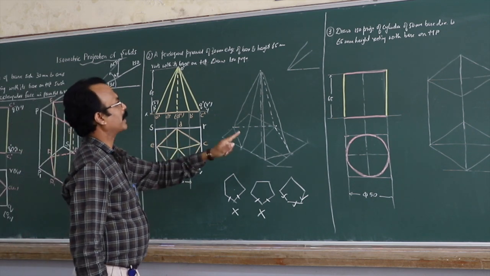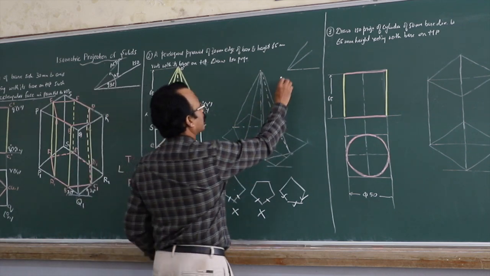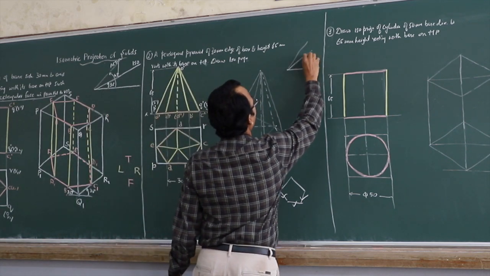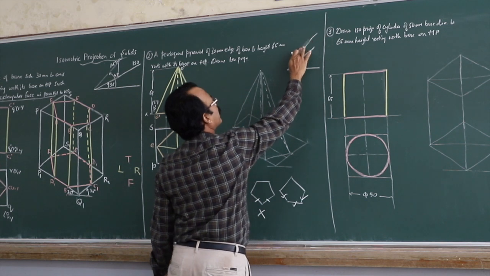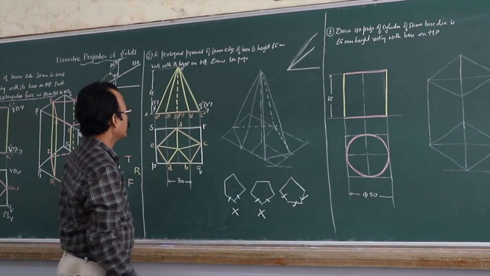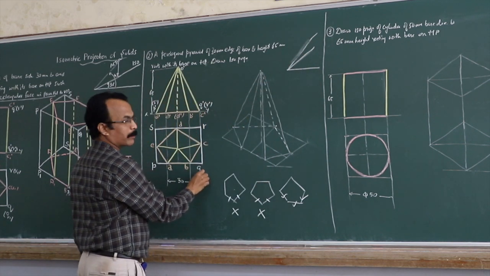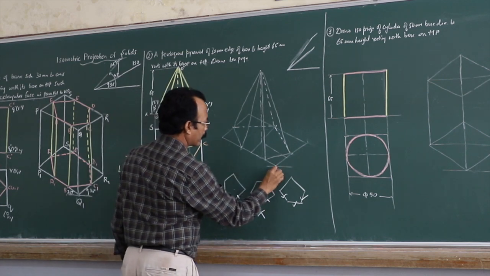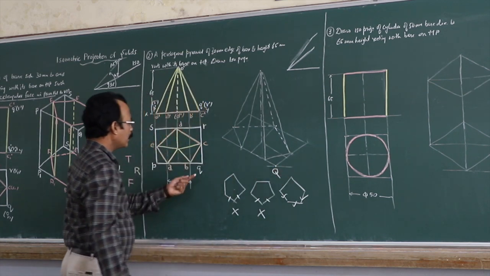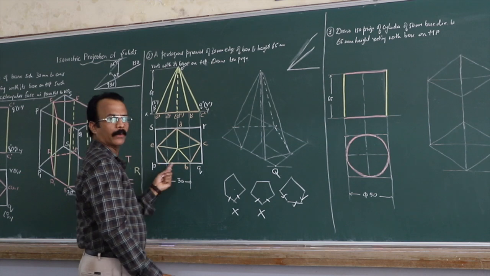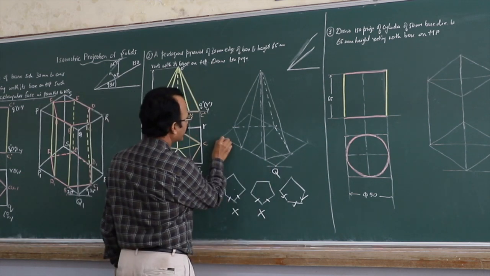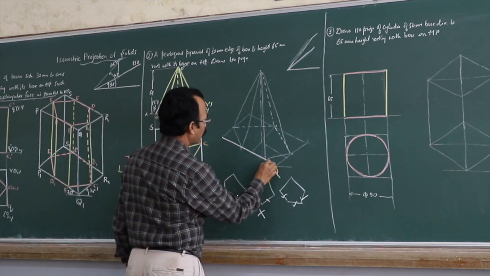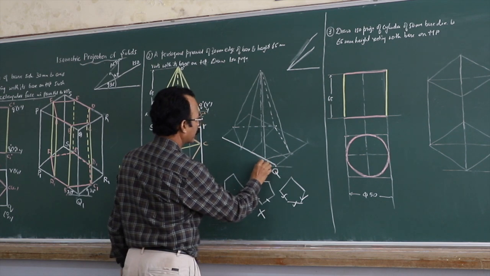This is the knowledge of your solids chapter. Now you come to the isometric projection. Once again, the first step is to draw the isometric scale. I hope I need not repeat it again, right? I will start from this bottom corner Q here. Now observe this line PQ, it is horizontal. So take its isometric length and draw it along a 30 degree line.